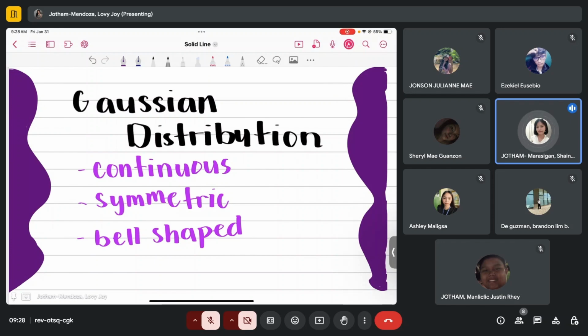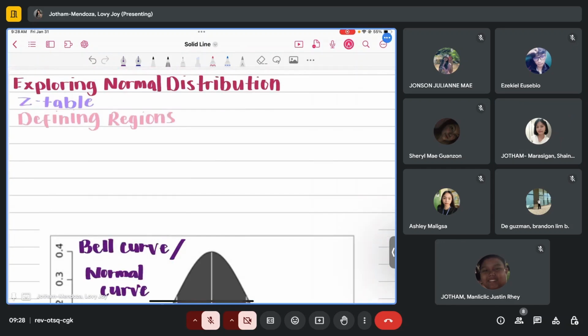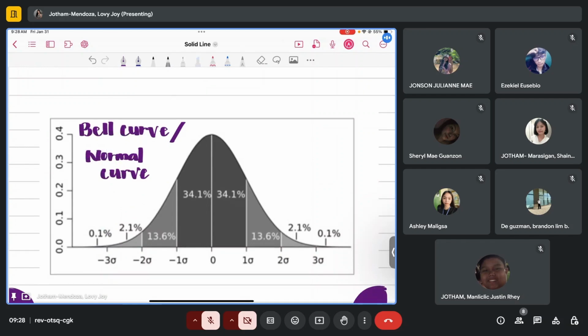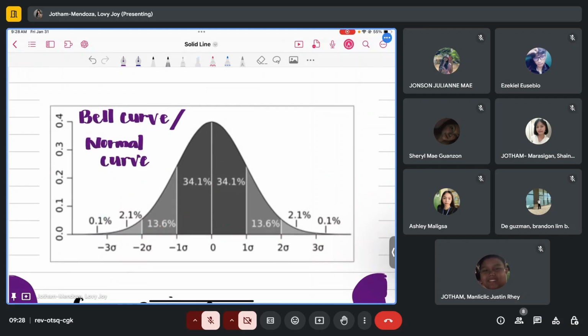So, is the middle of the curve where most people's scores are? Exactly. The middle point is the mean or average score. In a perfect normal distribution, the mean, median, and mode are the same.